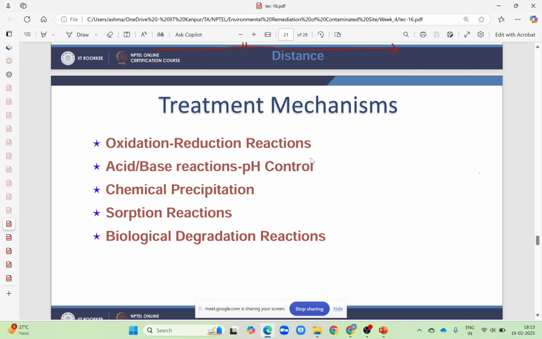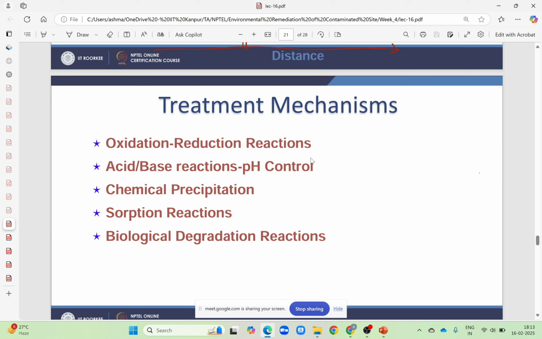It can be an acid-base reaction where pH can be controlled. Suppose some heavy metal is in the aquifer; generally these heavy metals precipitate at a pH greater than 8. So if we can increase the pH of the water, then precipitation of the heavy metals can be achieved.